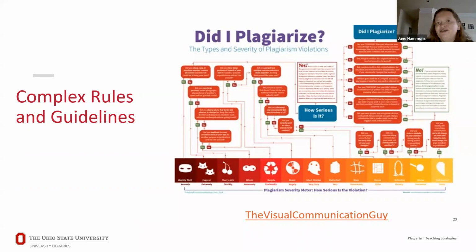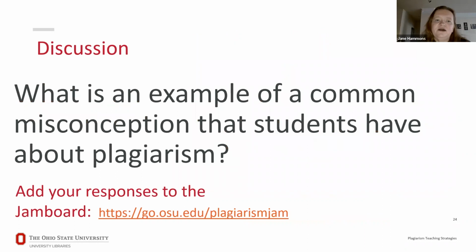And someone mentioned self-plagiarism as one of those things that may not be obvious to someone just coming into higher education. So I do think the complexity of plagiarism is one of the reasons why we see some of these issues coming forward.